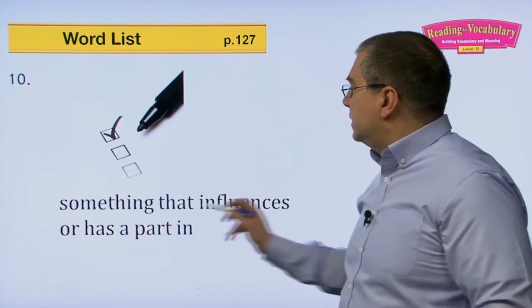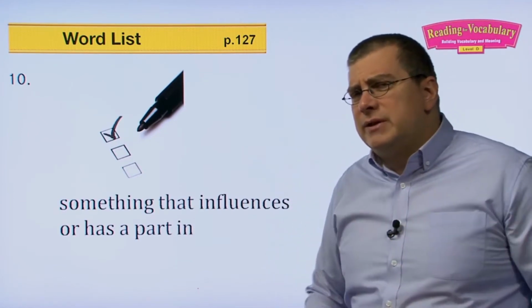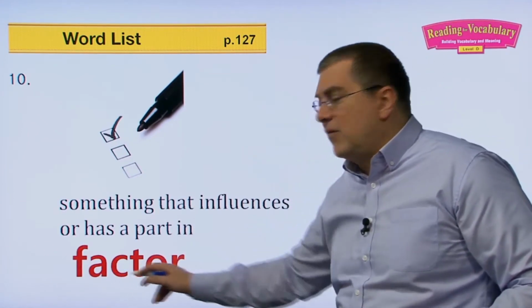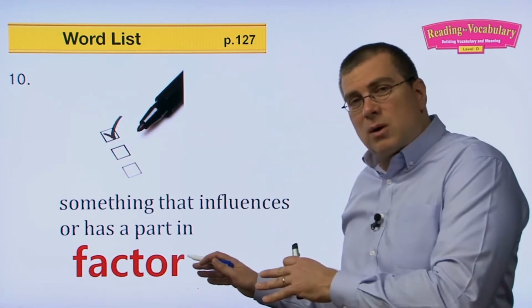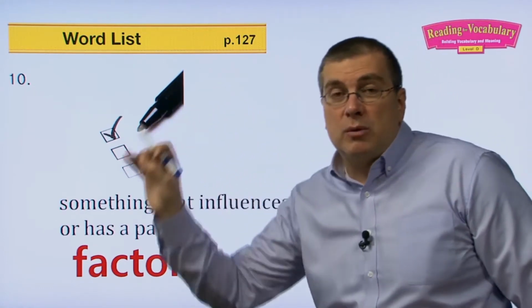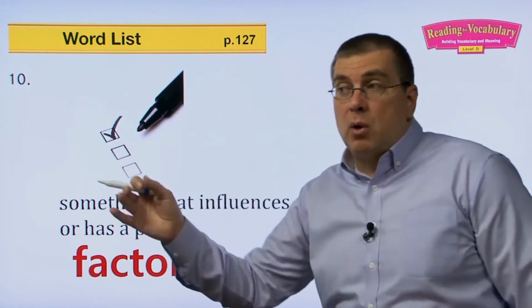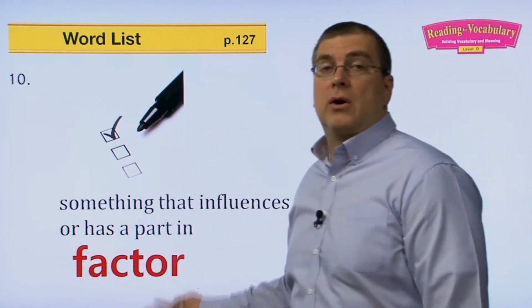Number 10. Something that influences or has a part in, we call that a factor. Now this is maybe a more scientific word, right? A factor is like, for example, I just said we think about the good points or bad points. All the good points, that's a factor. All the negative or bad points, those are also factors.